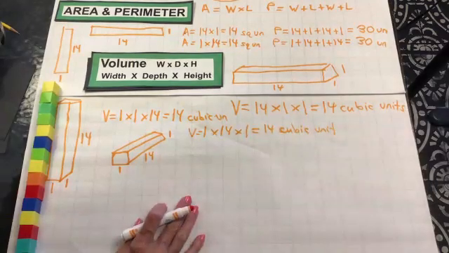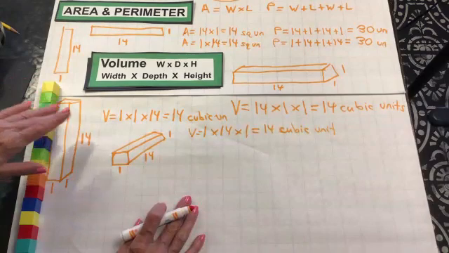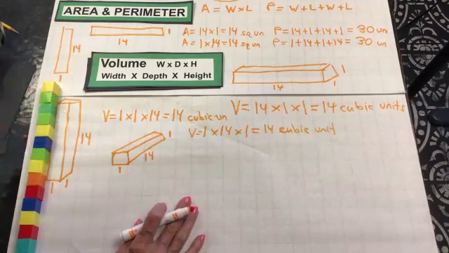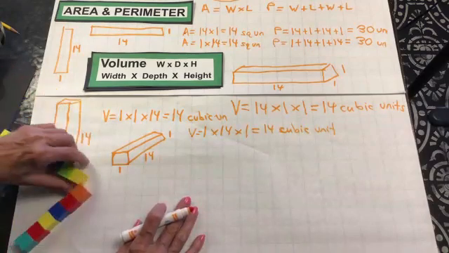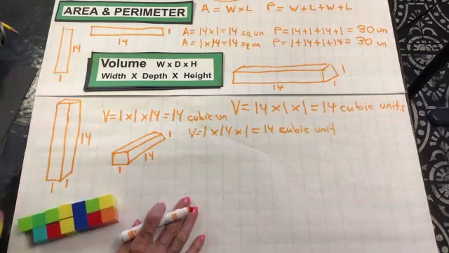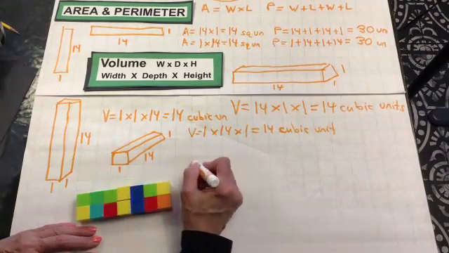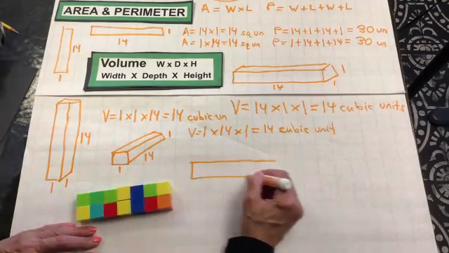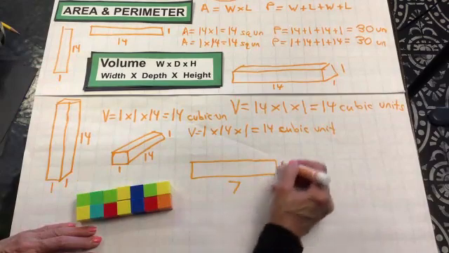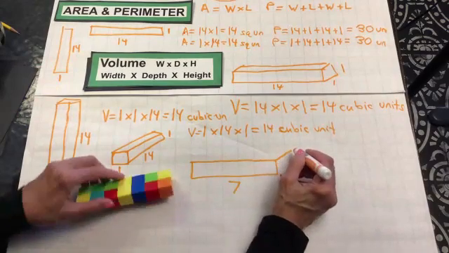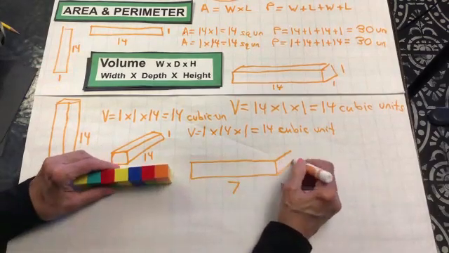All right, now we can go back up on the top of our page to see the other factor pairs, and that would be 2 times 7. So I'm going to rearrange my cubes here so you can see that. So let's draw that out. We're going to make it 7 across, 2 deep.